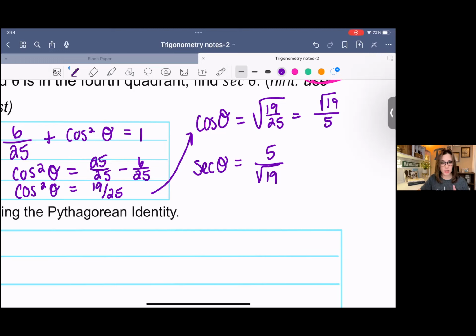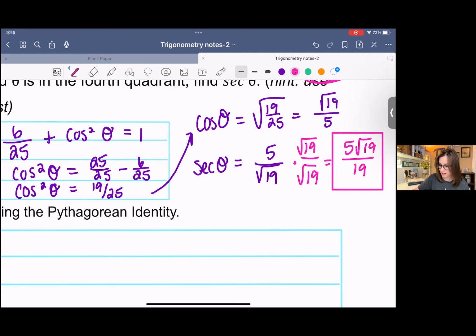We're going to rationalize the denominator by multiplying by what's in the denominator. And we get 5 square root 19/19. And that is the solution. It is positive because it's a cosine function and is in the fourth quadrant, so we're good there.